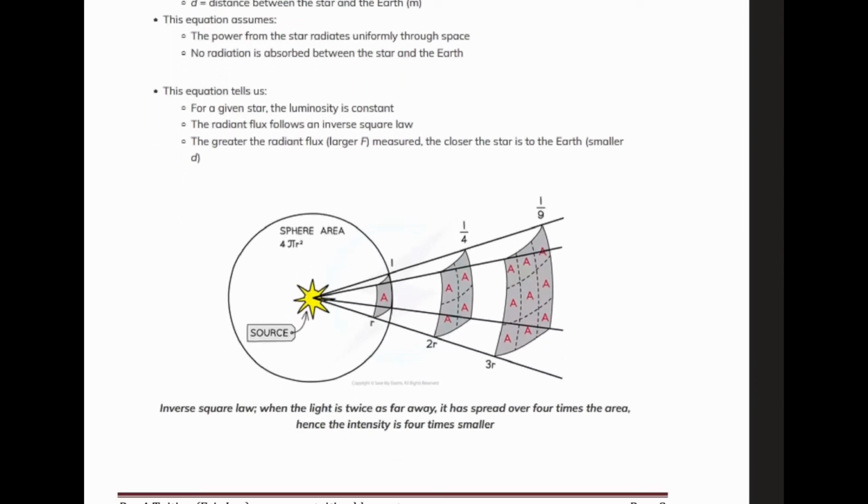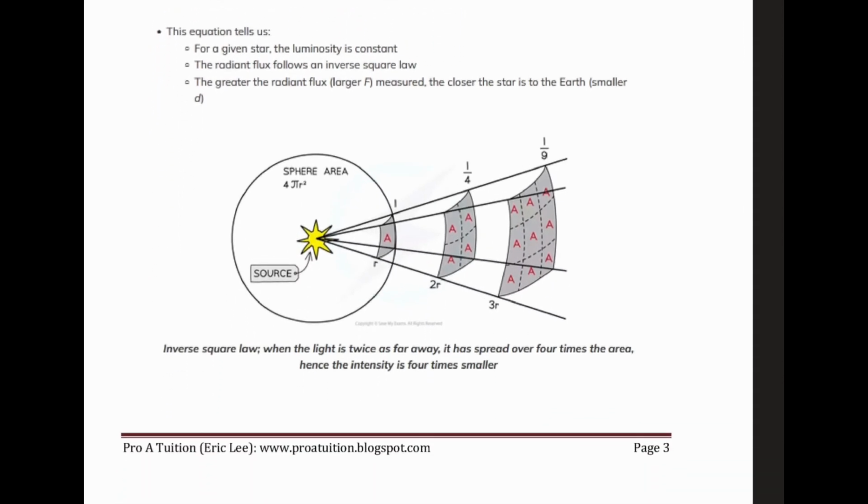Now, again we have an illustration of the same concept. So this is the star, and the light spreads out in all directions. Imagine the light reaches a particular surface area of this size, and then when we go further to 2R, you can see that they show 1/4.